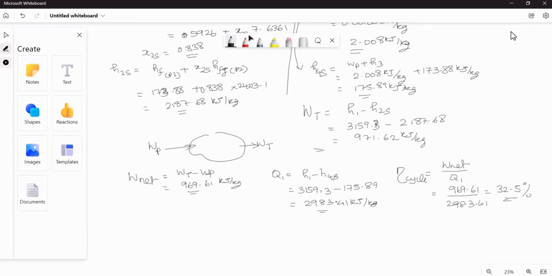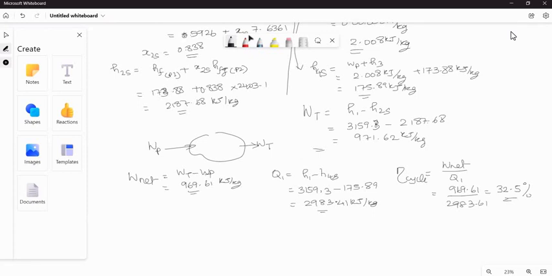This time CAT 2 had essay type questions, not structured ones, so definitely you will have essay type questions for thermodynamics as well as fluid mechanics.